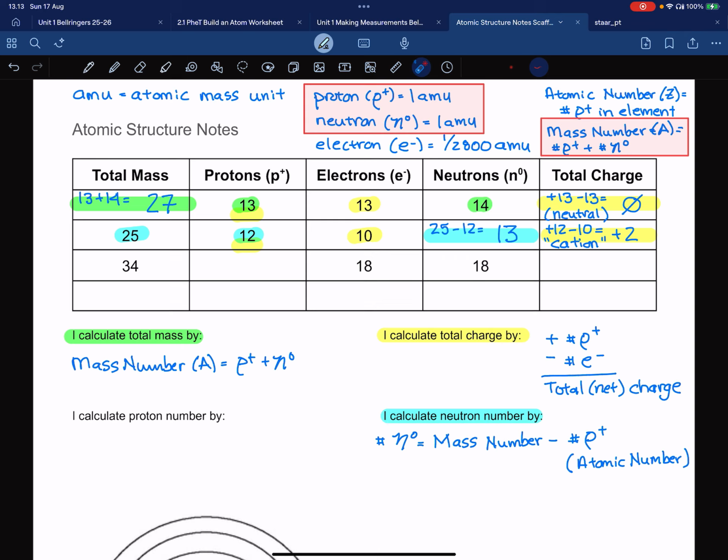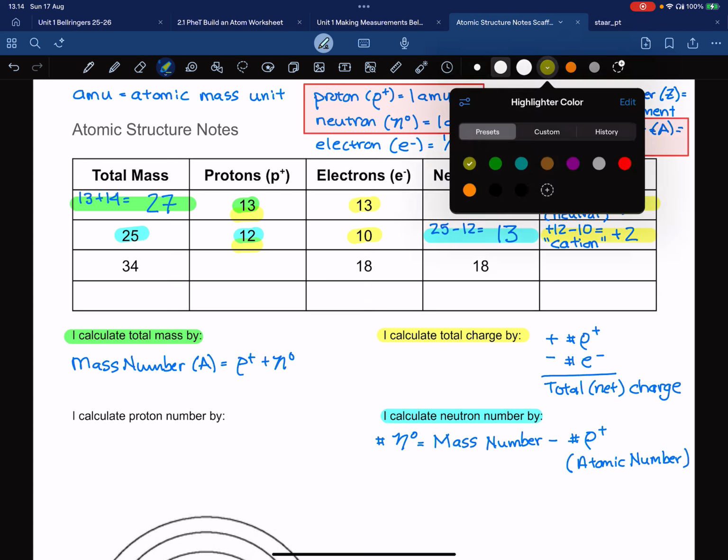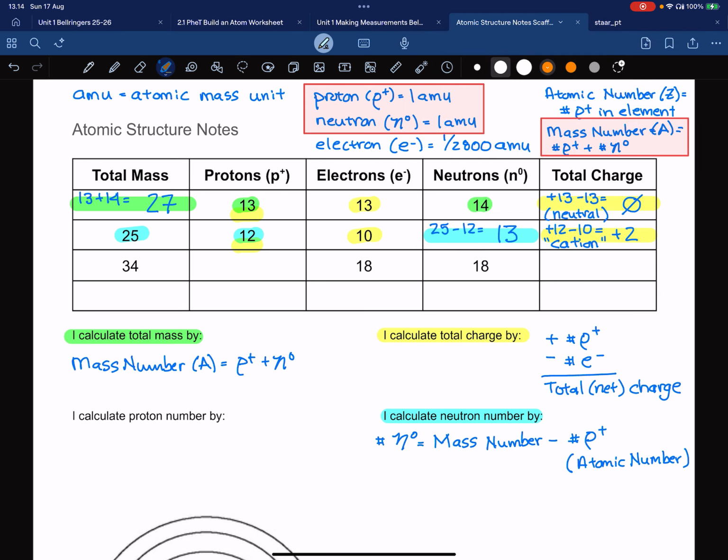Okay, the final one, I'm going to be calculating numbers of protons. So, number of protons. Well, in order to calculate number of protons, if I have mass and I have neutrons, remember that mass number was protons plus neutrons.